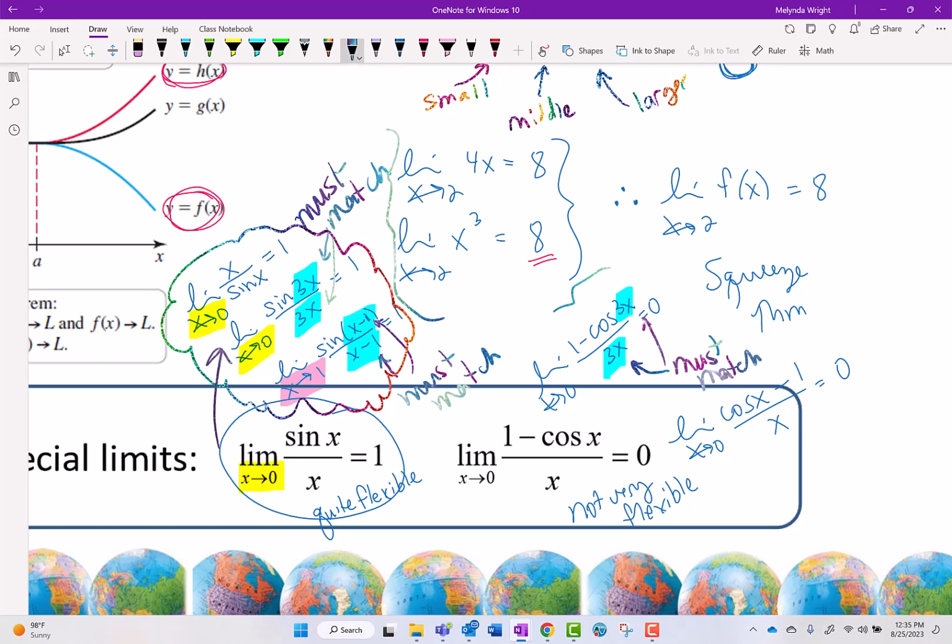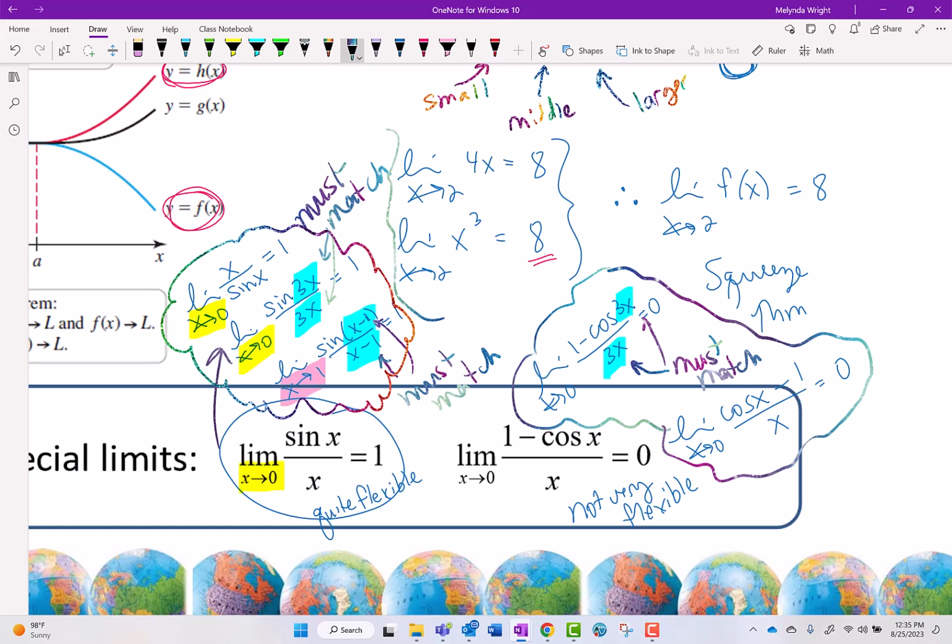This one is not as kind and generous and helpful as the sine one. But I'm going through that in detail because it's important that we understand how they work before we try to utilize them in our limit work.